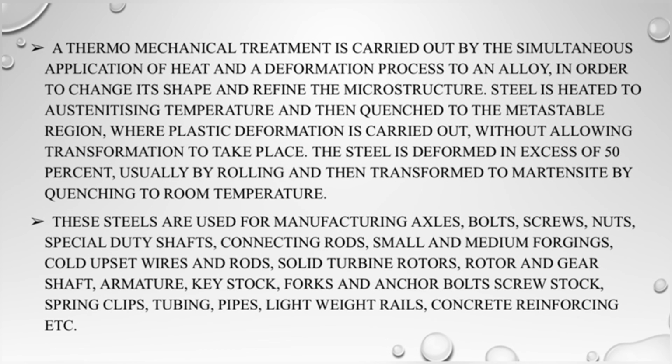In TMT steel bars, a process called thermomechanical treatment is carried out by simultaneous application of heat and deformation. In this process, the steel is heated and quenched to a metastable state.